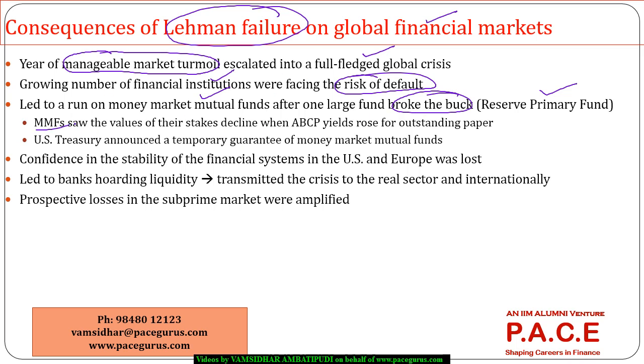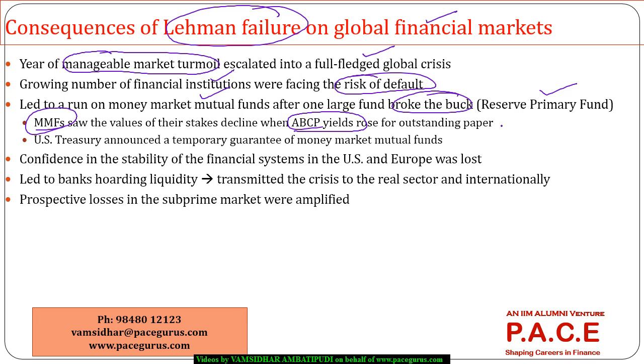So various money market funds saw that their values had gone down quite drastically, because on the asset backed commercial paper, the yields have gone up. The higher the risk associated, the higher should be the yield associated with that instrument.